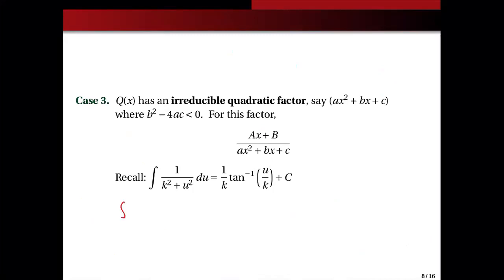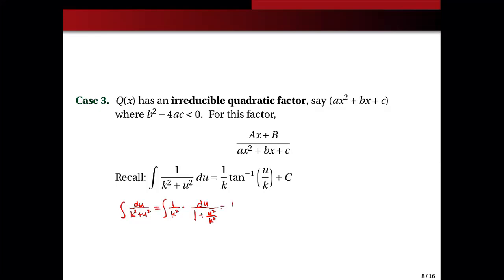So I'll use the formula here, but I'm going to prove it. In here, you have 1 over k squared plus u squared, and then you have du. Same method as in the other one. We are going to factor out 1 over k squared. And then what will remain is du over 1 plus u squared over k squared. Of course, if you multiply this k squared on this denominator, the k squared here will disappear.